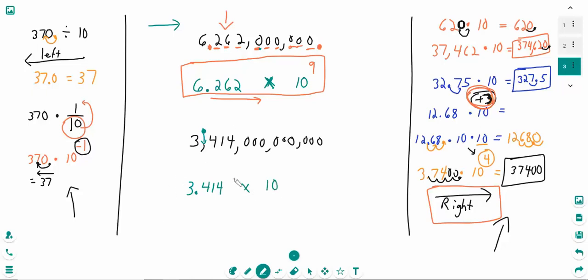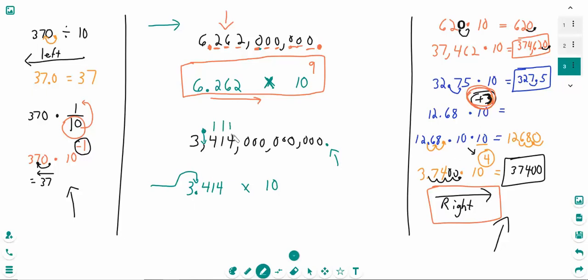Now, which 10 is it going to be? In order to get it back to where it started, we would have to move this decimal point all the way over to here. That's where it is originally. So how many positions would we have to move it?